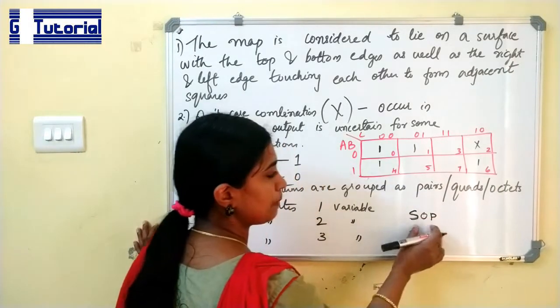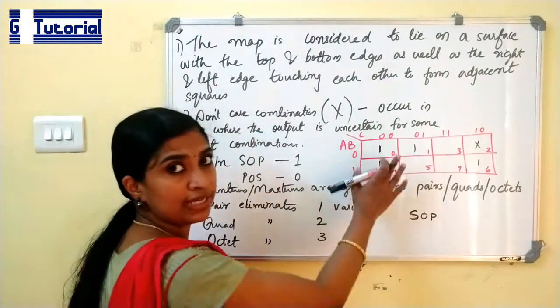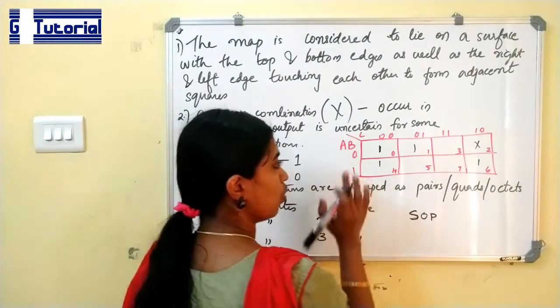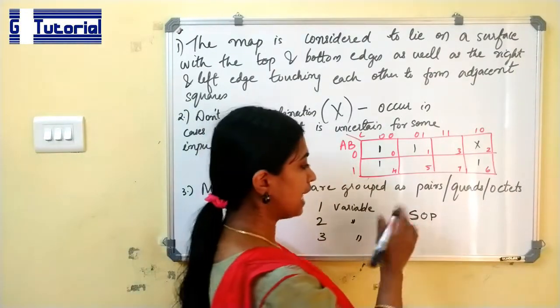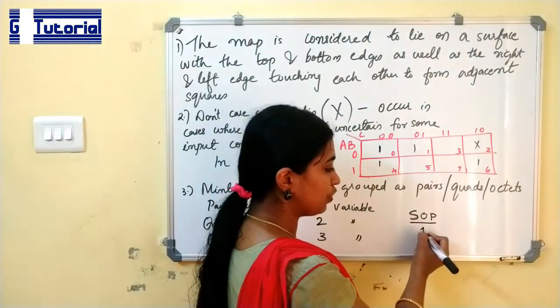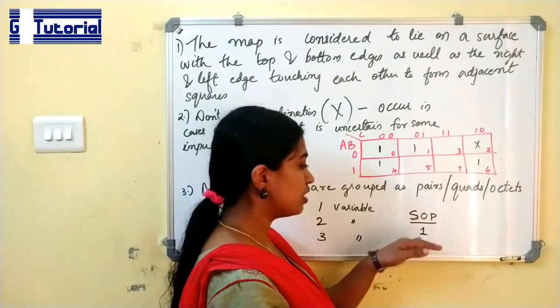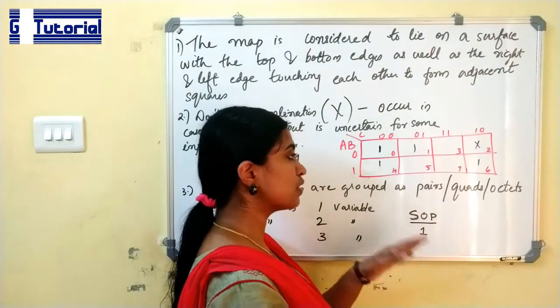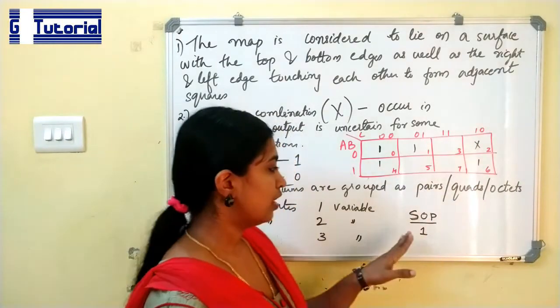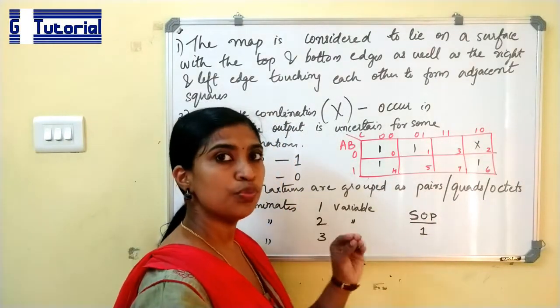That is, this represents a sum of product expression, a Boolean expression. So, in case of sum of product expression, we have to group all ones. We can also consider don't care as 1 and it is not necessary to group all don't cares.